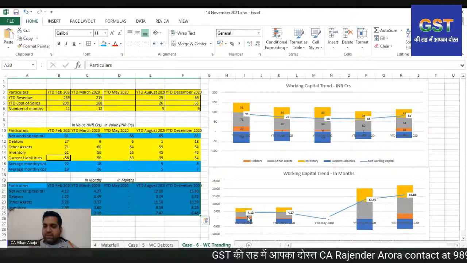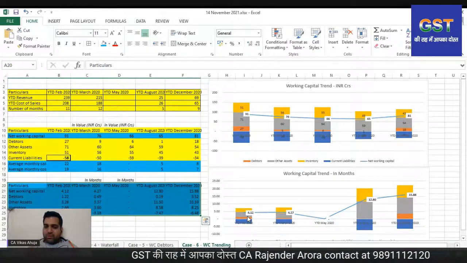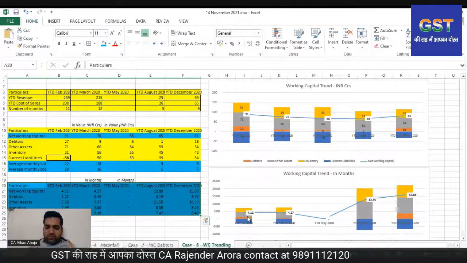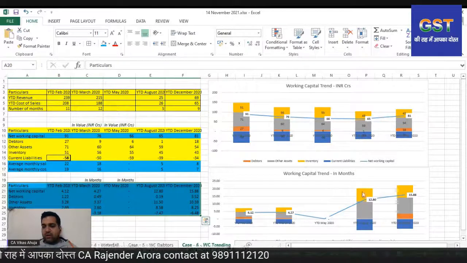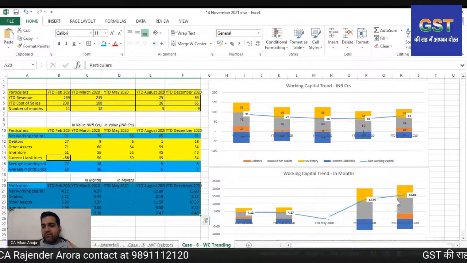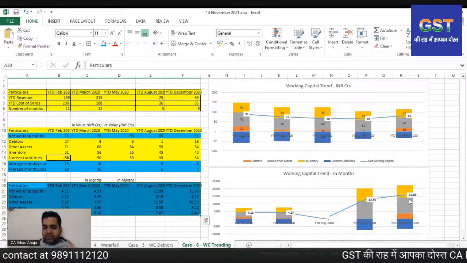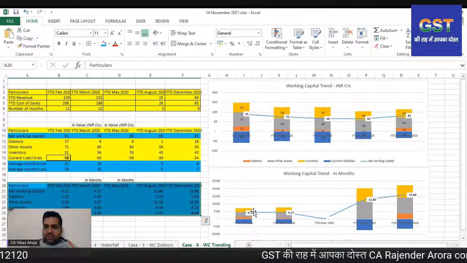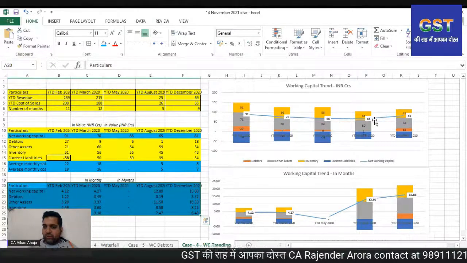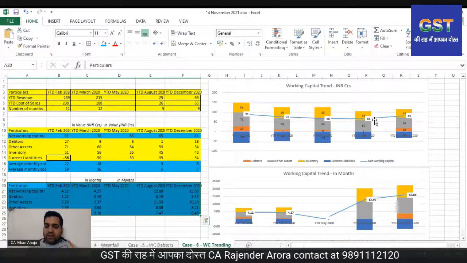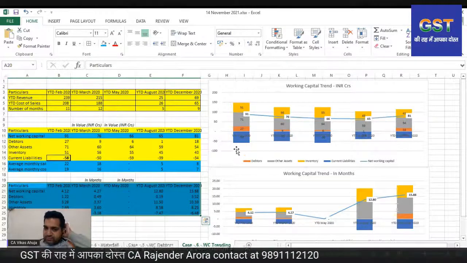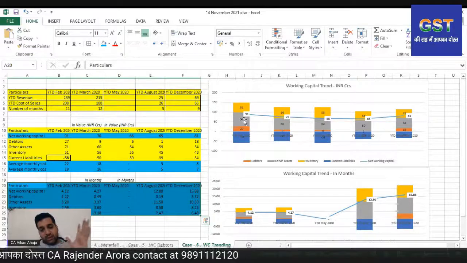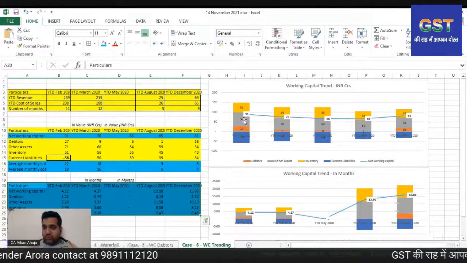That means on an average, money that was blocked in my business was 4 months, which has now turned to 12 months and beyond, because of whatever reason. So at least this gives an insight that though the value has not changed drastically, I can still say as of February 2020, my working capital was highest, 91 crores.